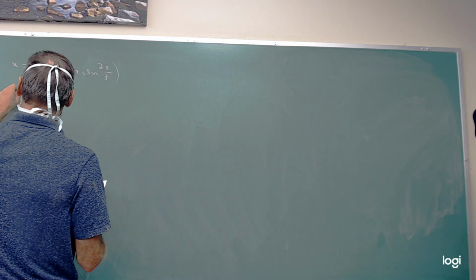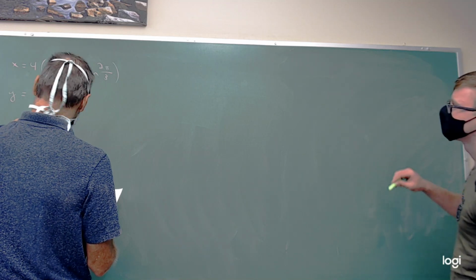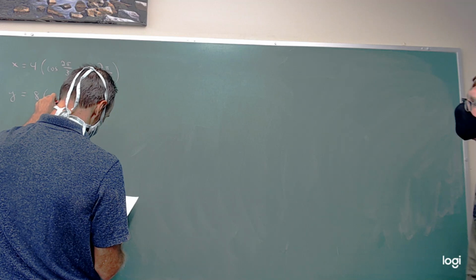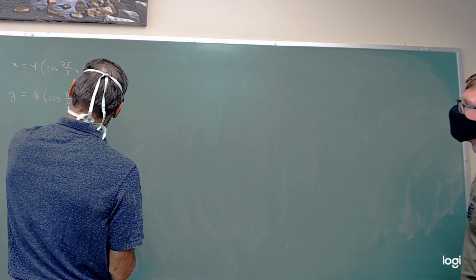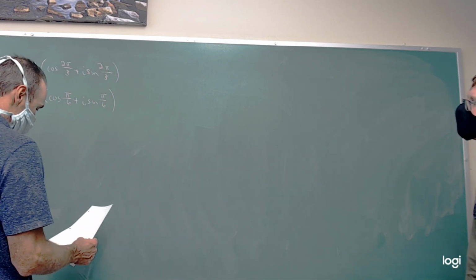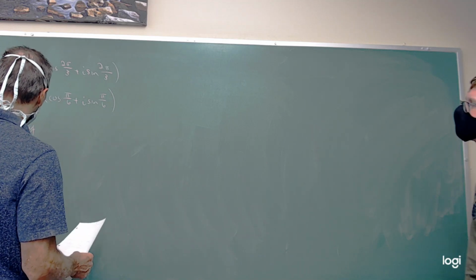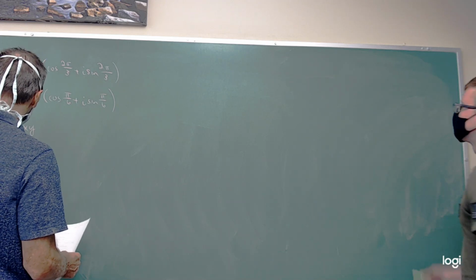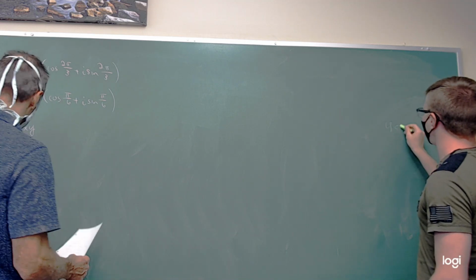And Y is going to be, let's say, 8 times cosine of pi over 6 plus i sine of pi over 6. And can we first find X times Y? And I think we can do it in both polar and rectangular, if I constructed this the way I hope I did.